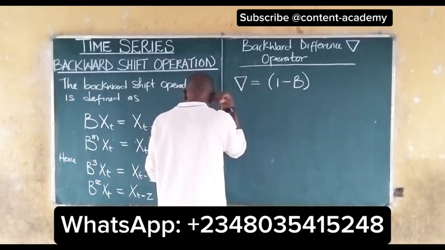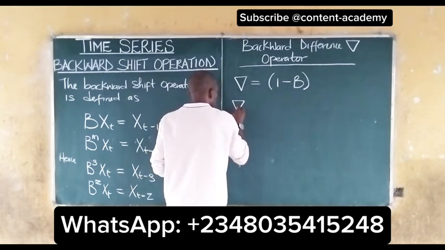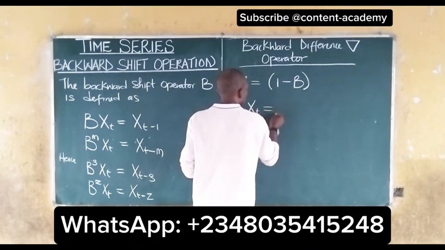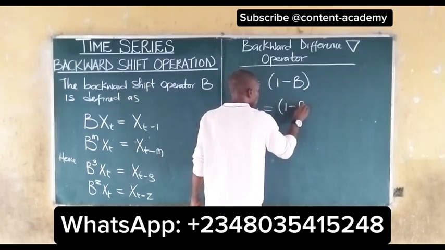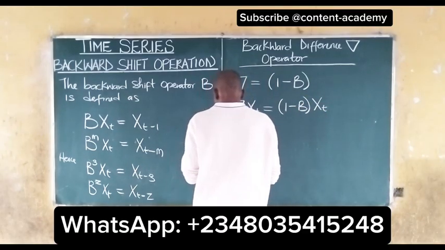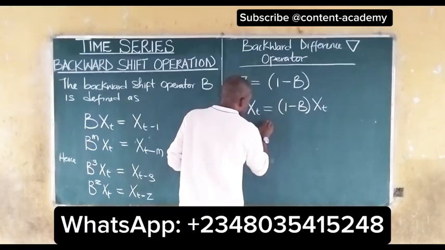It simply means that if we have this operator acting on X_t, we'll have (1 minus B) X_t. All we need to do is to write this out.